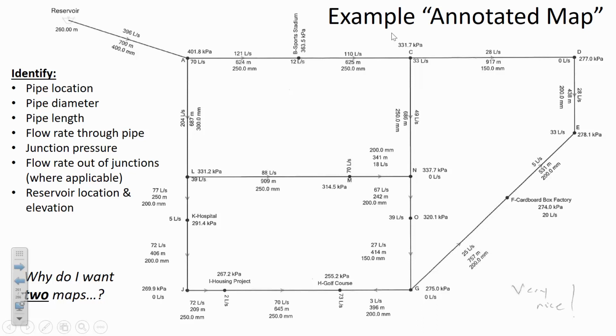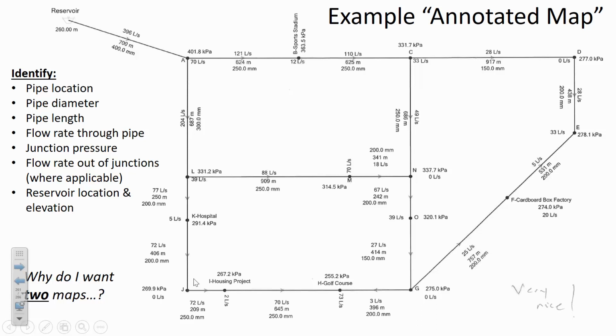Now, this was from a year where I told the students where the pipes had to go. For instance, I told them that the pipe had to go through junction J, but now you have the freedom to connect the dots however you like to minimize not only the pipe diameter but also the pipe length.